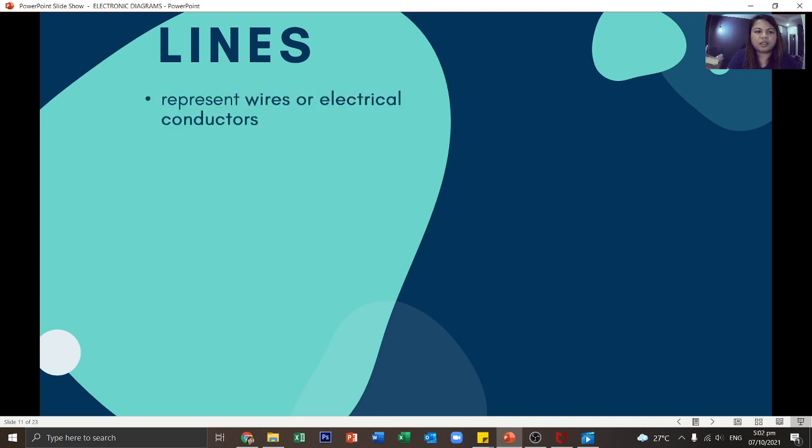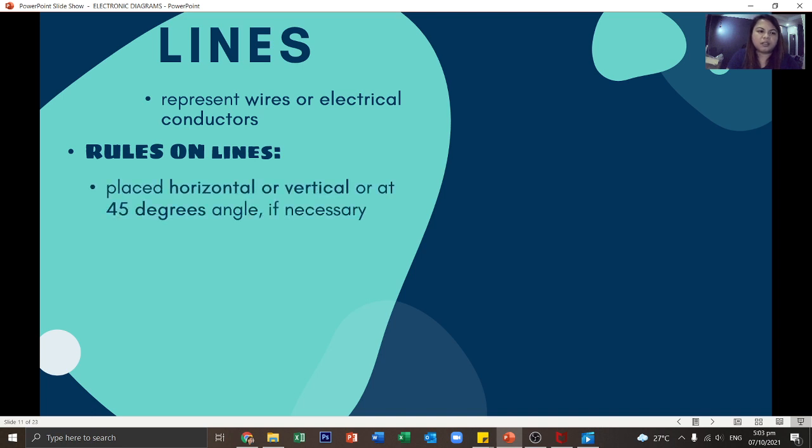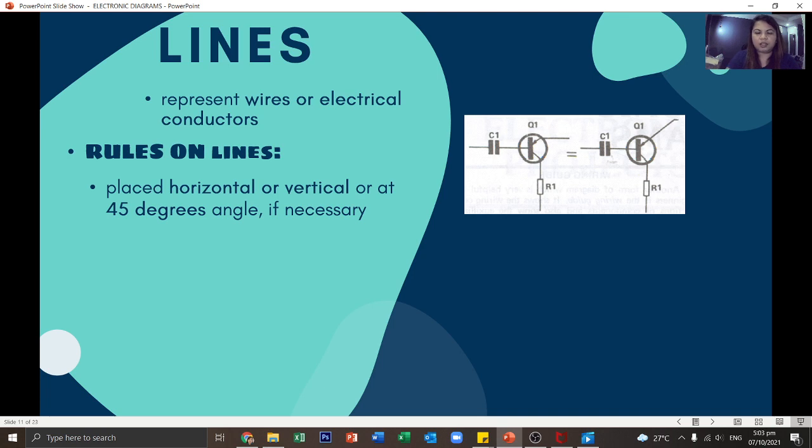Then the lines represent the wires or electrical conductors. We also have rules on lines. Lines should be placed horizontal or vertical. Or if necessary, for example, if the space is not enough, you can draw the line at an angle of 45 degrees, just like this one.